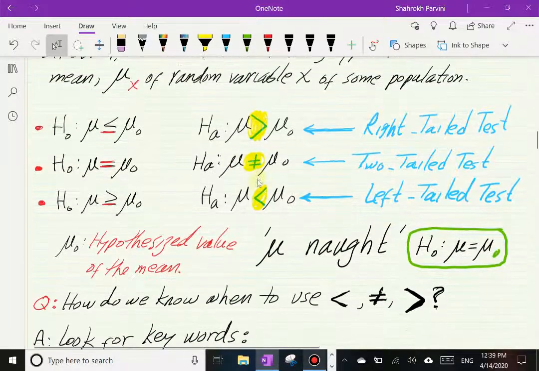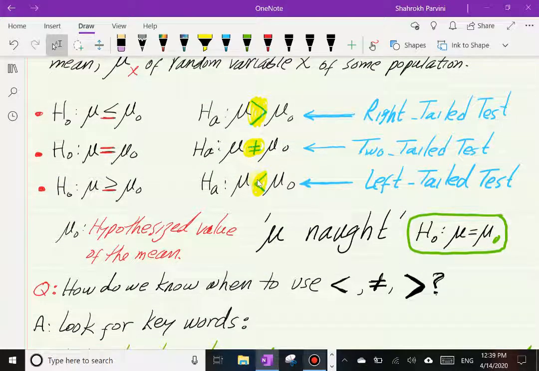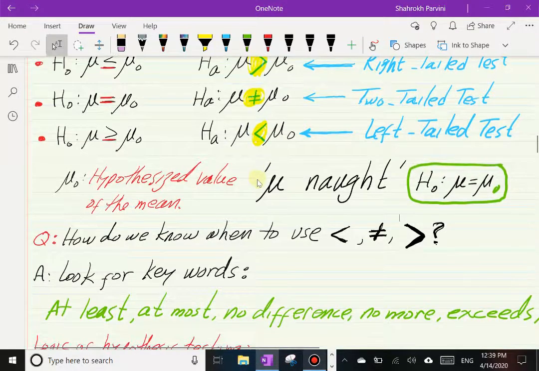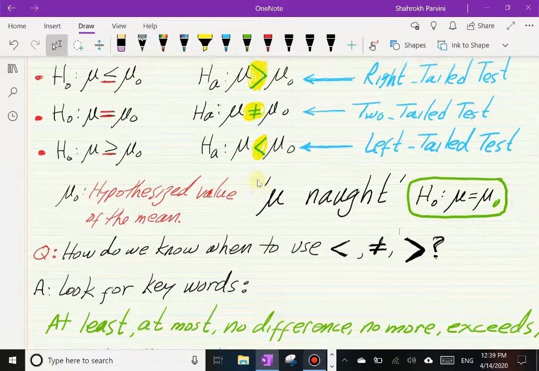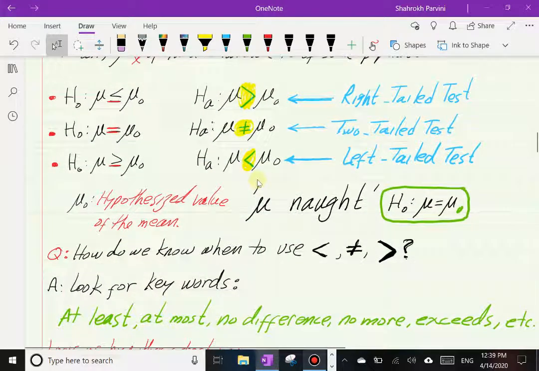So, the question is, how do we know when to use less than, greater than, or not equal to? And to help you out, I have these keywords. We read them in the statement of the problem as we do these homework problems. So you look for keywords such as any keyword that leads to an inequality, pretty much.